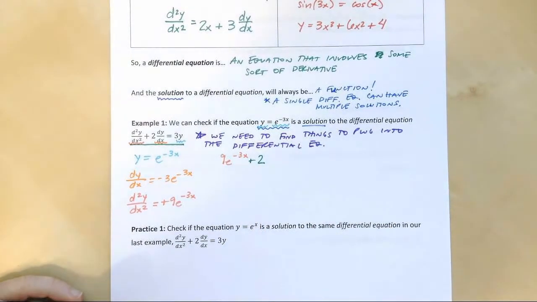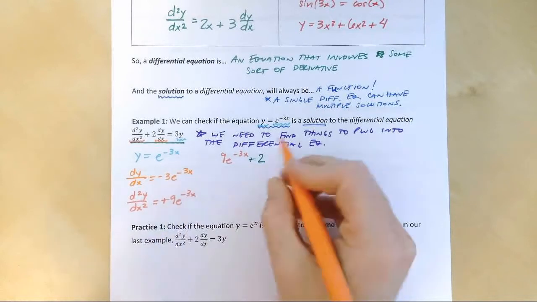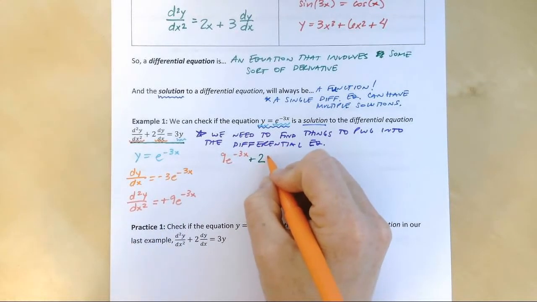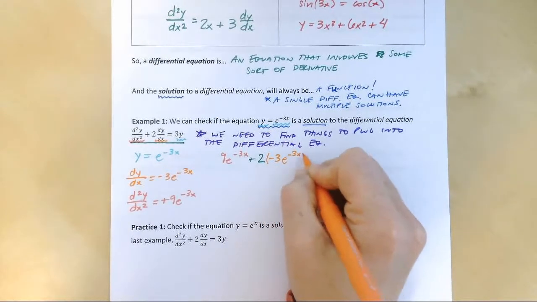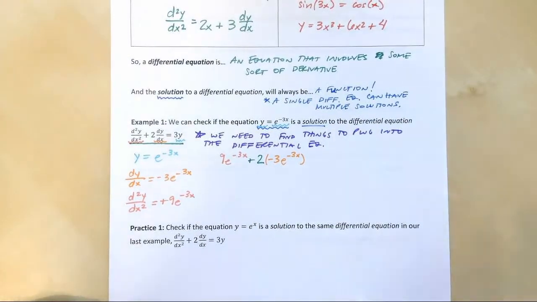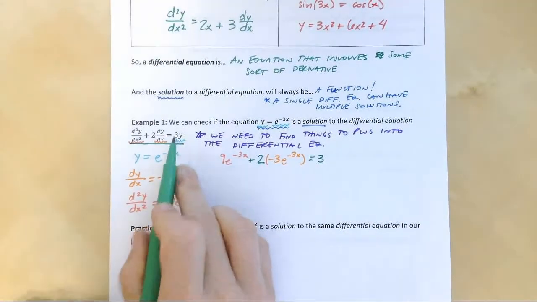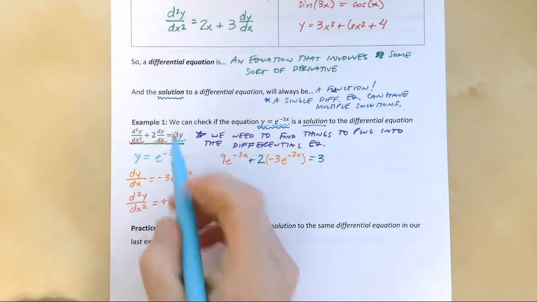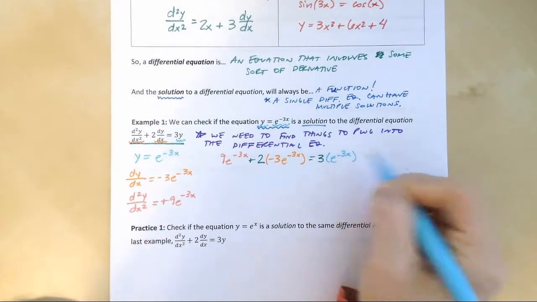2, and then dy dx was this negative 3. So we'll say 2 times negative 3 e to the negative 3x, and then we have equals 3, and I'm looking back here at the original differential equation, but y is the same as e to the negative 3x, so e to the negative 3x.